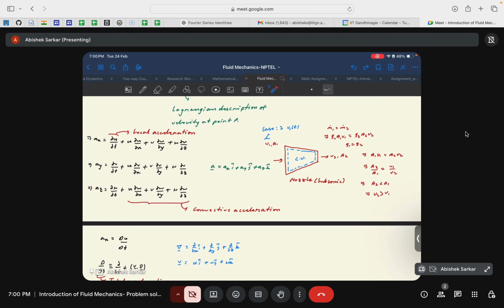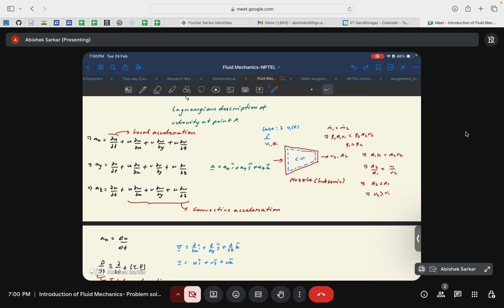If it were a normal pipe with no area variation, the change in velocity field with time would still result in acceleration. Even if the cross-section is the same, the local acceleration part, dou u by dou t, will be non-zero because it's changing with time. So I will have some acceleration or deceleration depending on how the velocity varies.